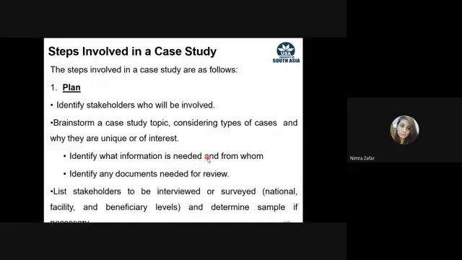Then there are steps involved in a case study. First of all, you have to plan the things: identify stakeholders who will be involved, brainstorm a case study topic considering types of cases and why they are unique or of interest, identify what information is needed and from whom, identify any documents needed for review, list down the stakeholders to be interviewed or surveyed at national, facility and beneficiary levels, and determine a sample if necessary.